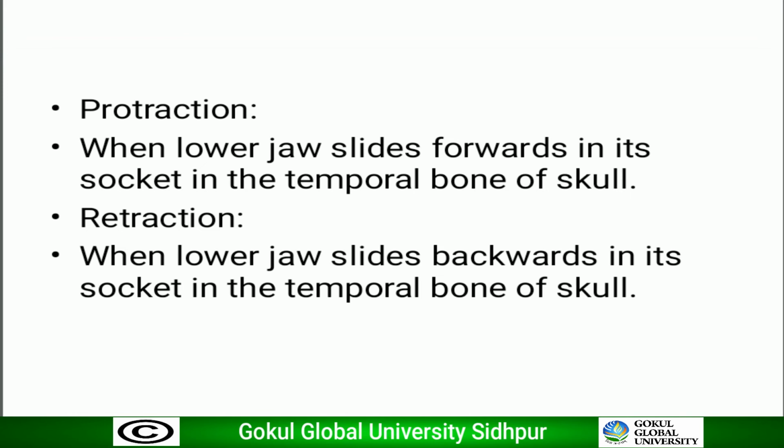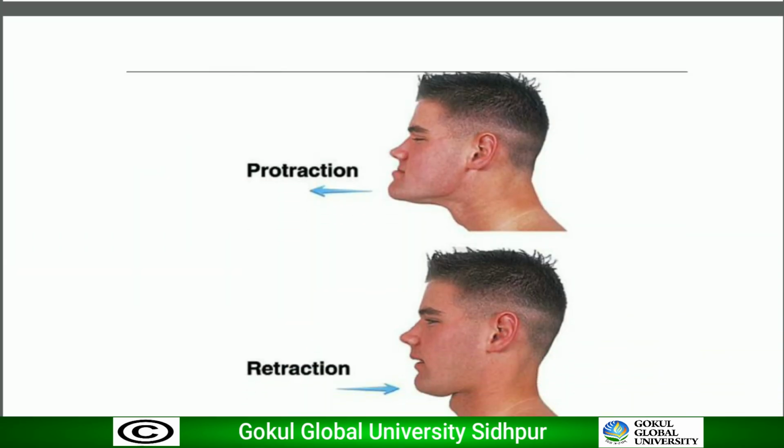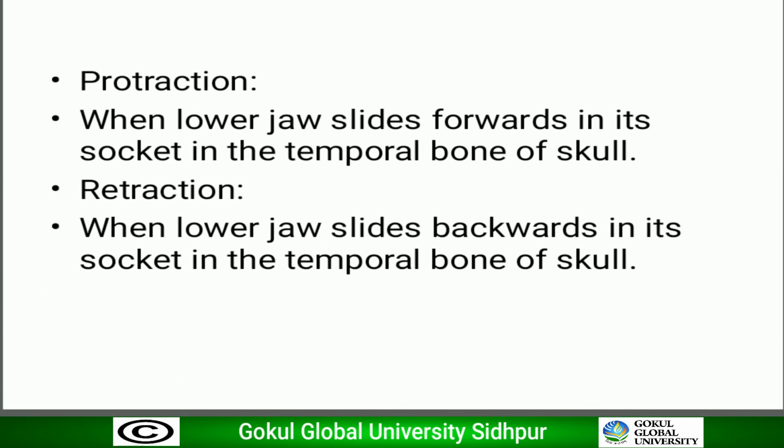In the first diagram, protraction, the lower jaw slides forwards in the TMJ, as well as the lower jaw slides backwards in the temporal bone of the skull, that is retraction. When the lower jaw slides backwards in its socket in the temporal bone of the skull, that is retraction.